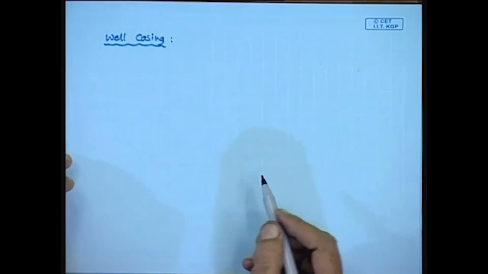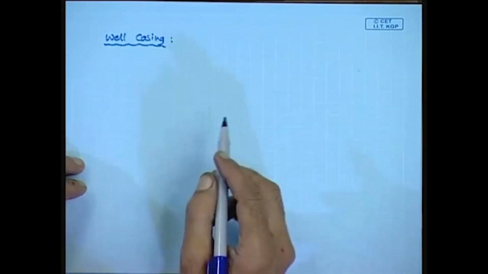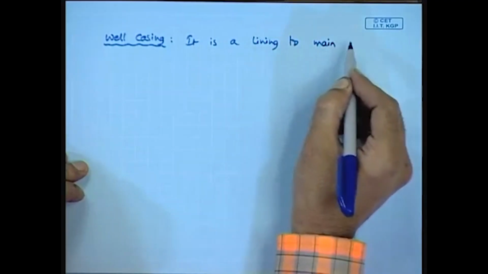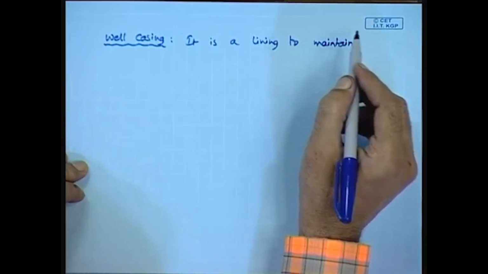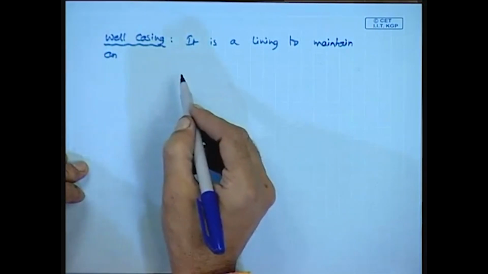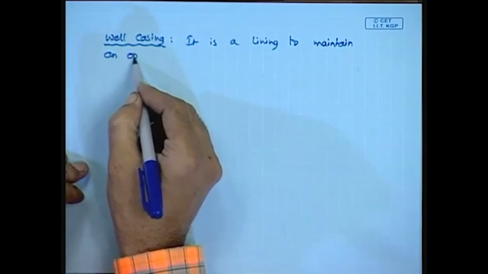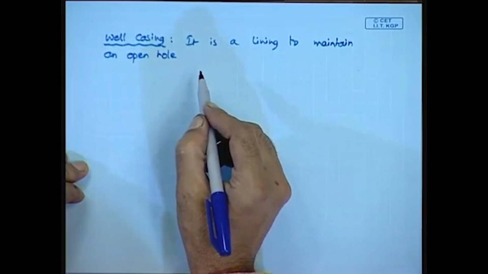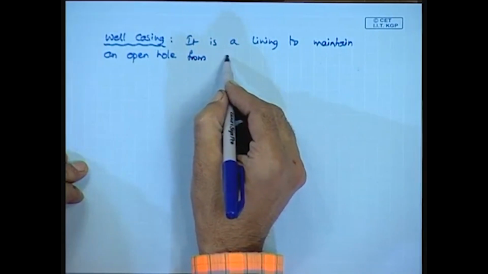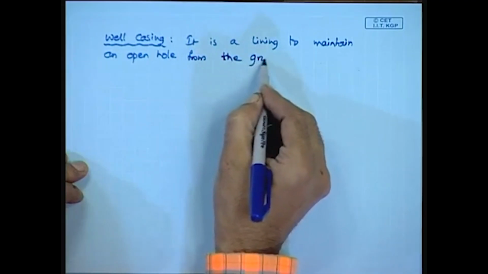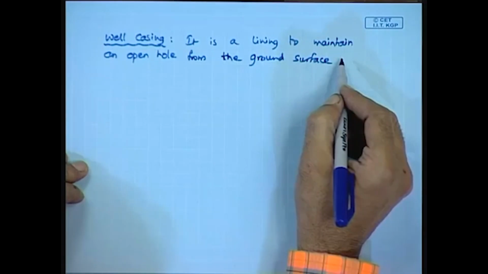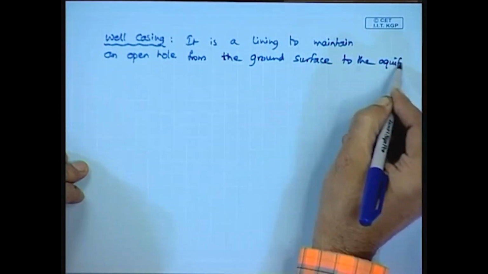This well casing is basically a lining to maintain an open hole from the ground surface to the aquifer.